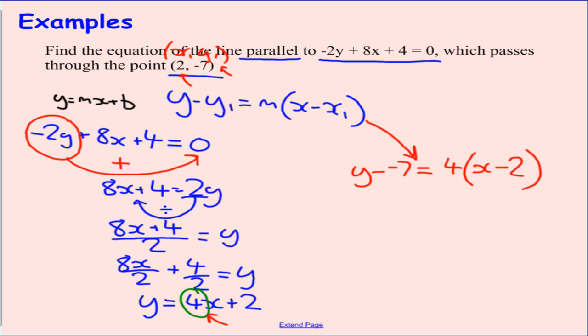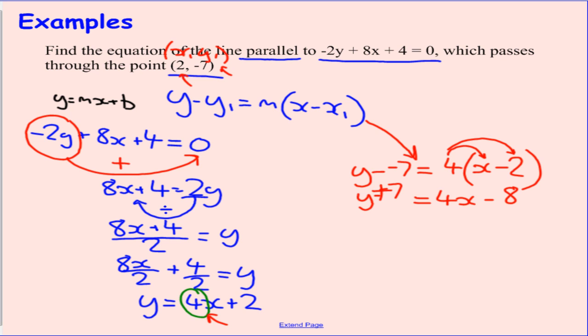Now going ahead, cleaning up this little equation, we're going to expand the brackets by multiplying everything in the brackets by the 4. So 4 times x gave us 4x, and 4 times -2 gave us -8. And over on the left side we still have y minus -7. Now remembering, if we have minus a negative number, we can override that as just a big plus.